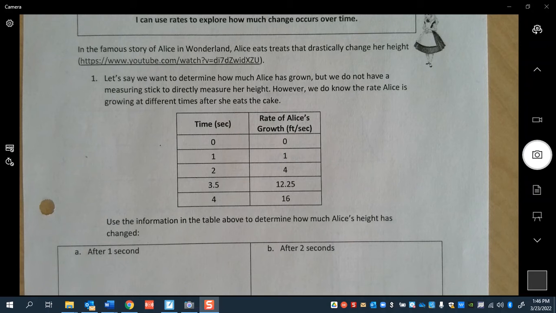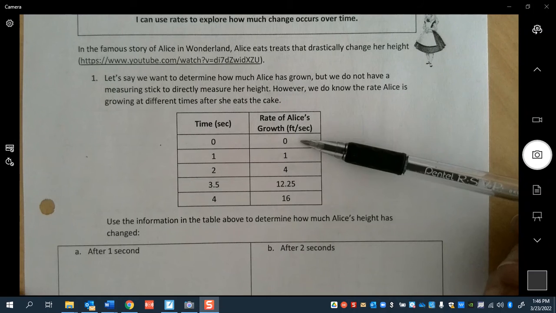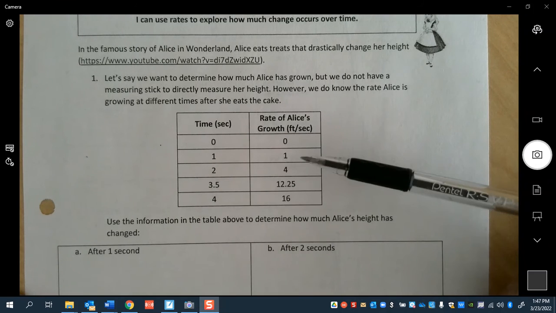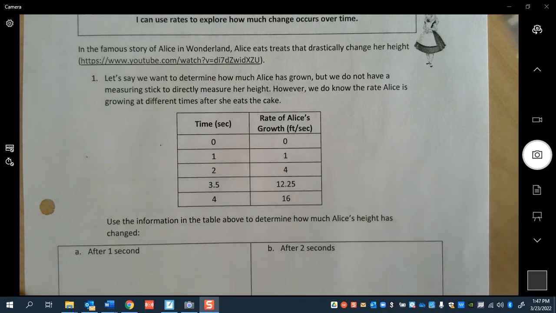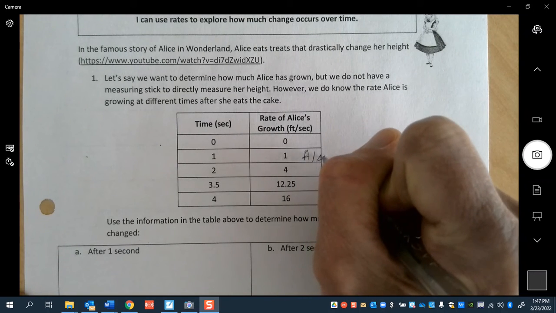Alice is growing at different times after she eats the cake. So at time 0, she hasn't grown yet because she hasn't eaten the cake. At 1 second, she's grown 1 foot per second.